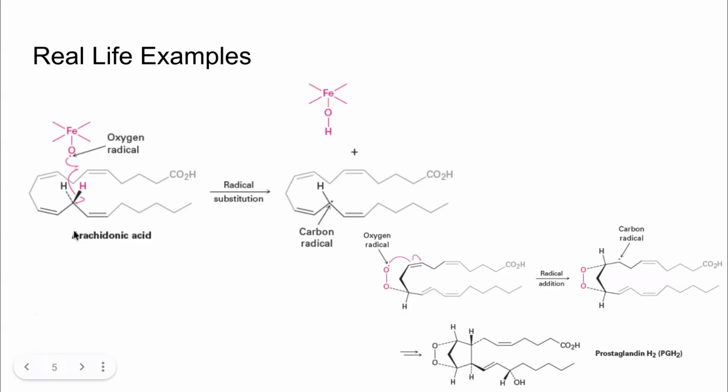So here is a specific example of arachidonic acid going through the mechanism of free radical addition all the way through the propagation and termination steps to get prostaglandin.